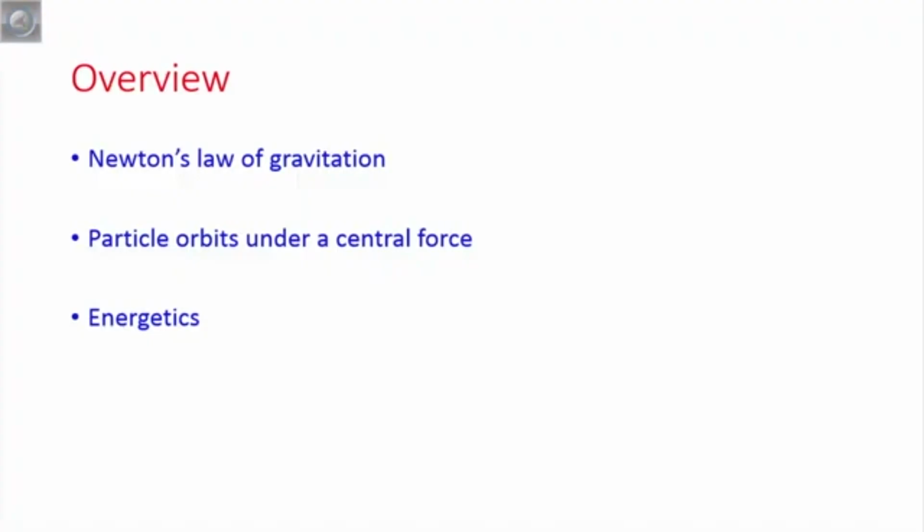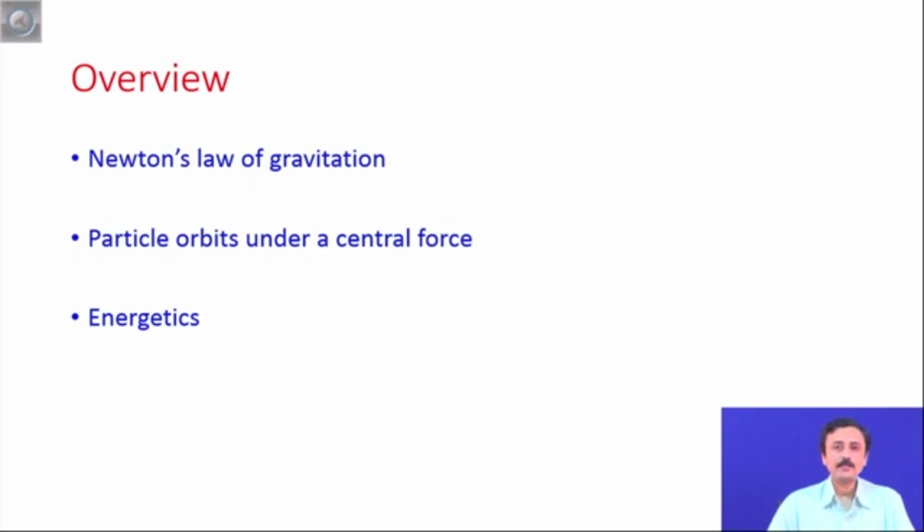We will continue our discussions on central force motion. In the previous lecture, we had started off with Newton's law of gravitation, and we have solved the equation governing the motion of a particle in a central force, and we have looked at the solutions which are conic sections.